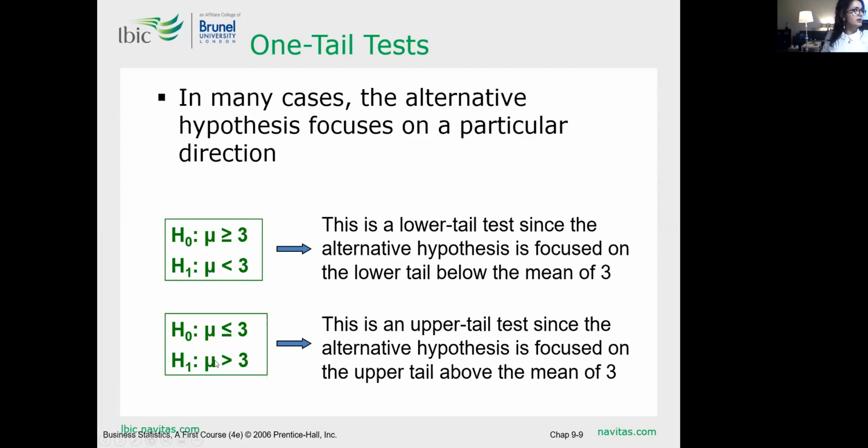How about this one? If we change it to the other values, where the null hypothesis is less than or equal, not like the previous greater than or equal, and the alternative hypothesis is greater, then we have the upper tail test. Lower tail and upper tail are both one-tail tests, because we are considering one side of the normal curve.